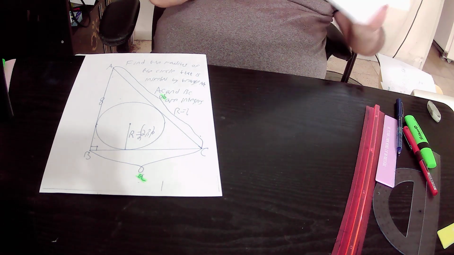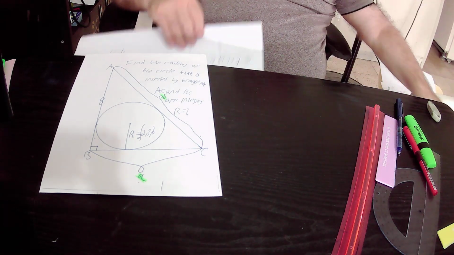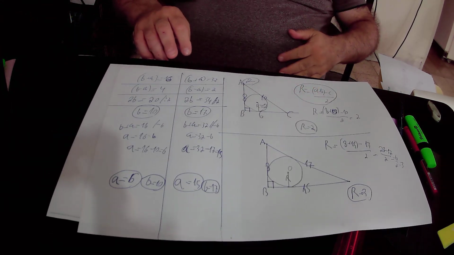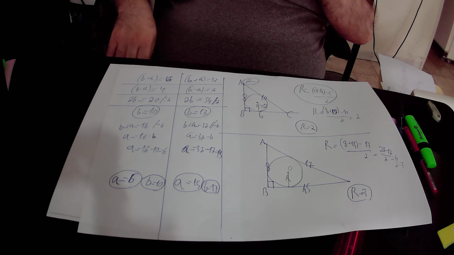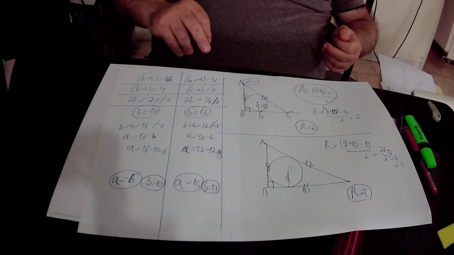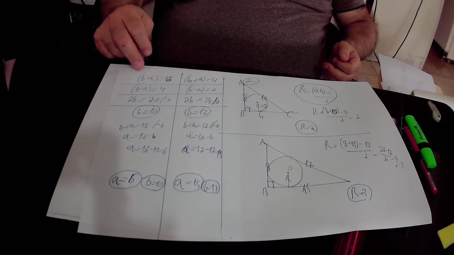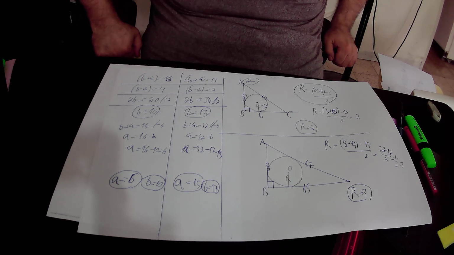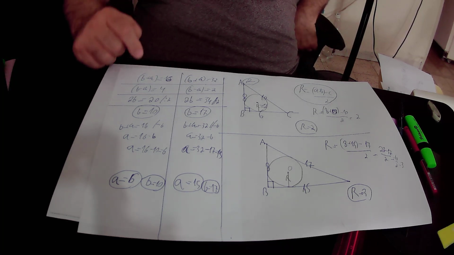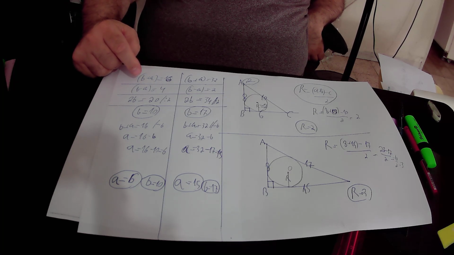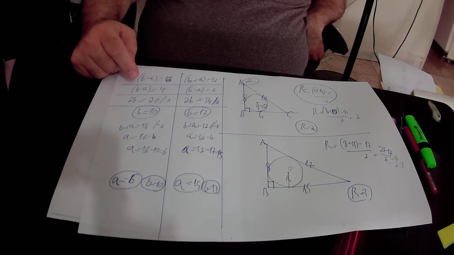According to the first solution, b plus a is 16 and b minus a is 4. According to the second solution, b plus a is 32 and b minus a is 2. We focused on the first solution and added the first equation to the second equation. b plus b is 2b, and a minus a is 0.